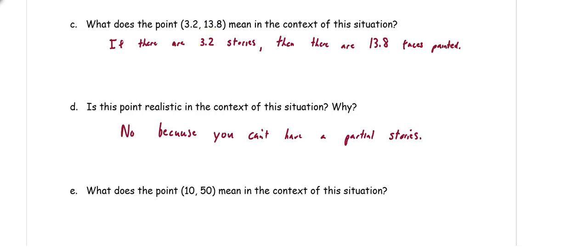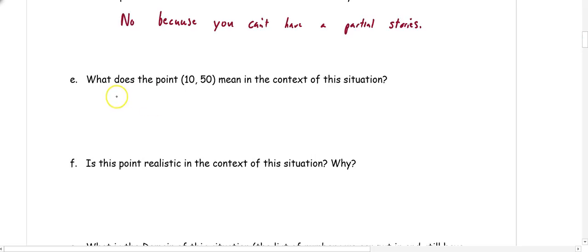So what does the point (10, 50) mean in the context of the situation? It means if there are 10 stories, then there are 50 painted faces.